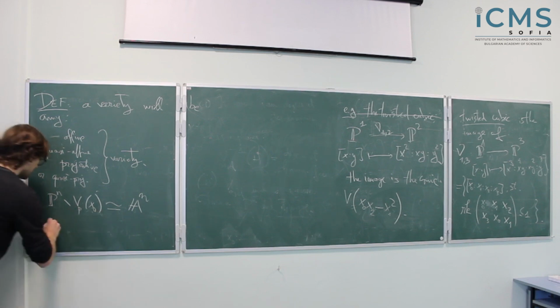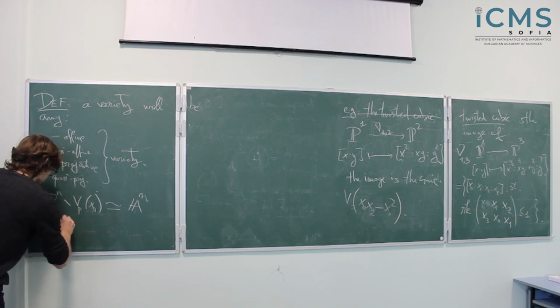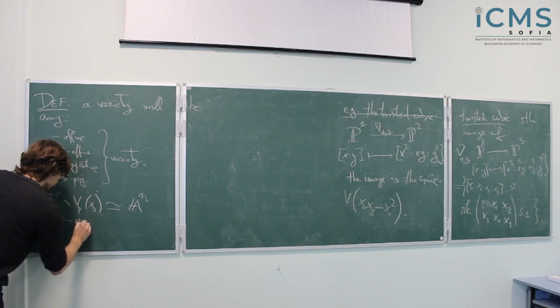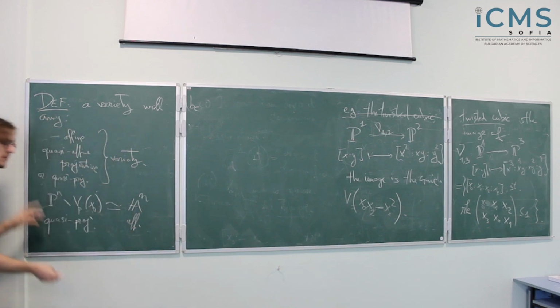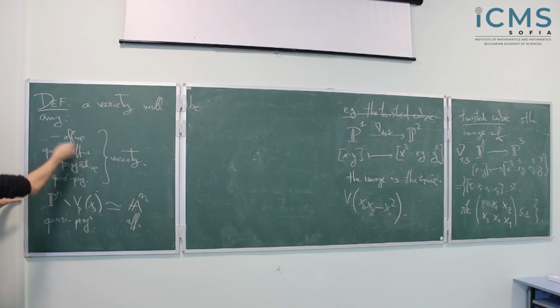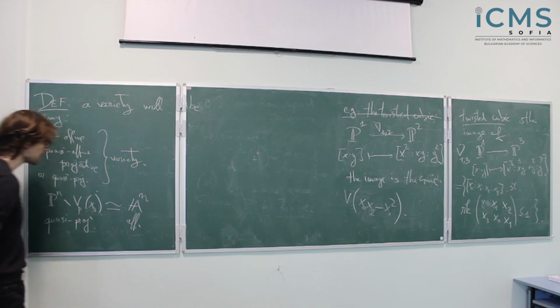So this is quasi-projective, but this is affine. So sometimes there's kind of an ambiguity going on. So the smallest one we could consider would be the quasi-affine, the biggest one would be projective, and sometimes a quasi-projective will be an affine or even a quasi-affine variety. Like that. Okay.